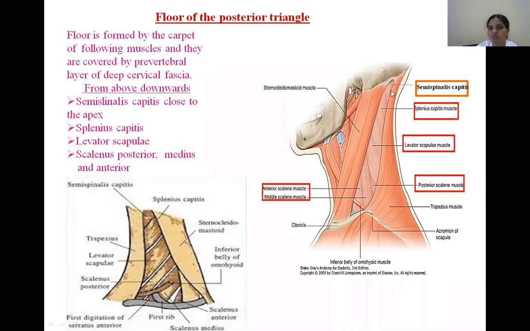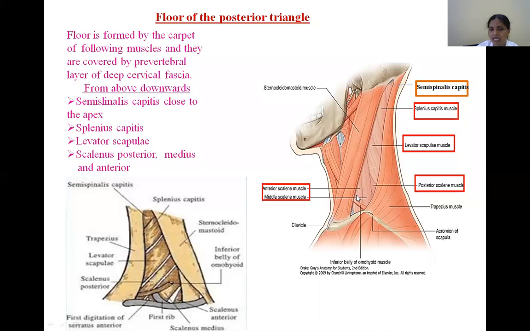Only the semispinalis is vertical. So what are these muscles? Splenius capitis muscle, then levator scapulae muscle, and 3 scalene muscles. From posterior to anterior, these are scalenus posterior, scalenus medius, and scalenus anterior.